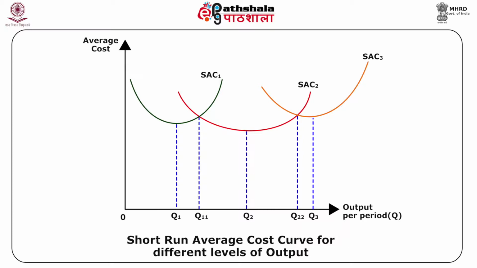Figure 3 demonstrates short run average cost curve for different levels of output. The LAC is derived from various short run average cost curves SAC.